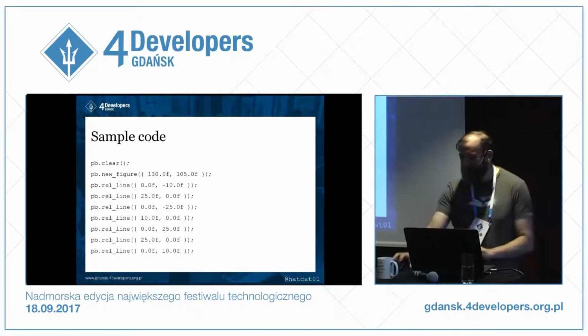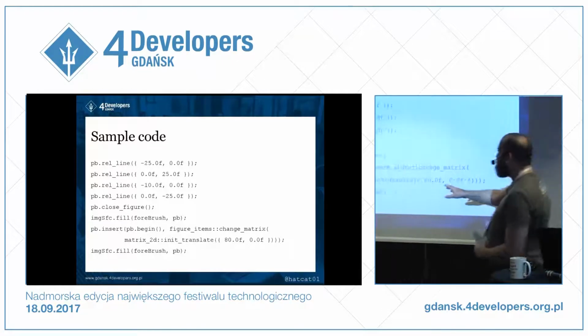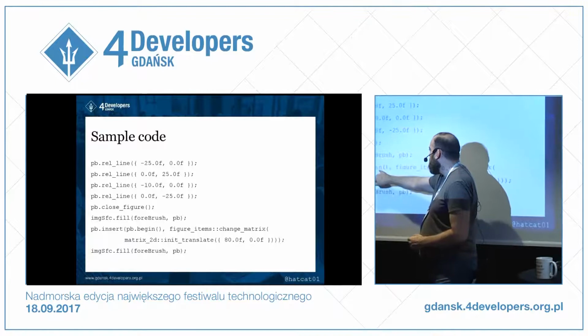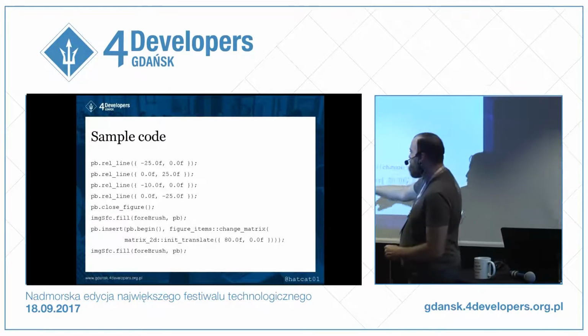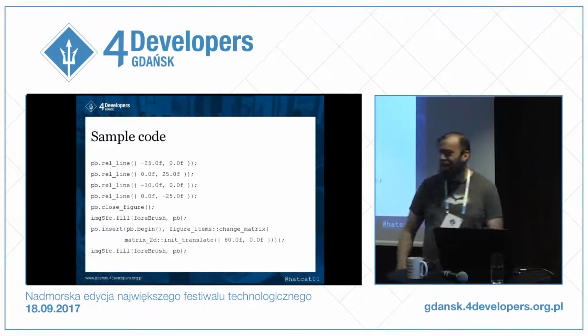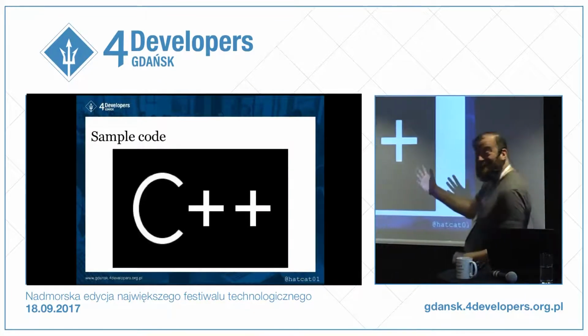We draw that, then we draw that. The interesting thing is, we've closed our figure, then we draw it, and then we put a translation at the front of our path builder to duplicate the object, and then we fill it. Hello C++. So we do have text.